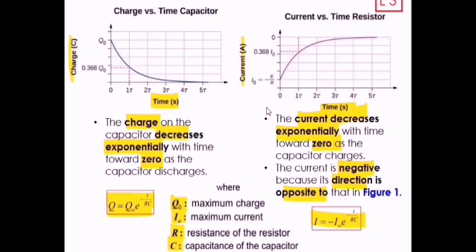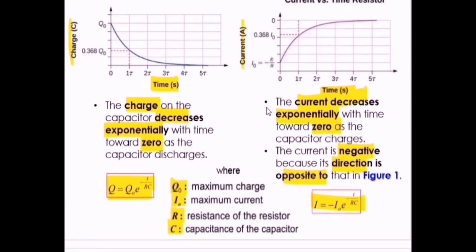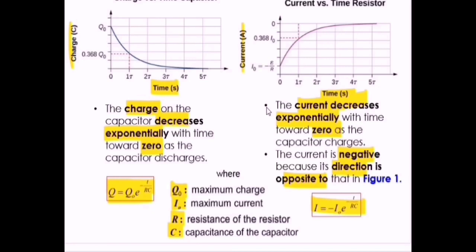If you want to calculate the charge at a certain point, we can just put in the maximum charge, the R and the C, and we can get the charge at that point, based on the graph. Alright, so that's for discharging the capacitor. So we've reached the end of 2.2. Alright, thank you.